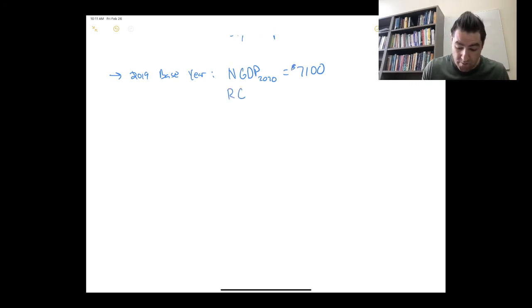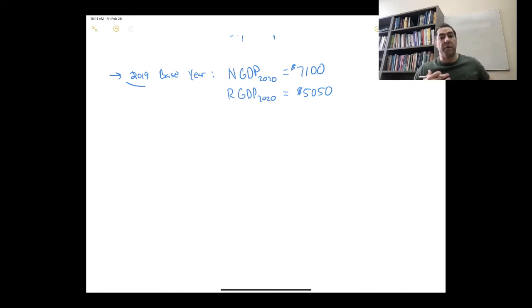Real GDP in 2020, when 2019 was the base year, was $5,050. In the real GDP calculation, I kept the prices fixed, so the difference between those two tells me the effect exclusively of prices.